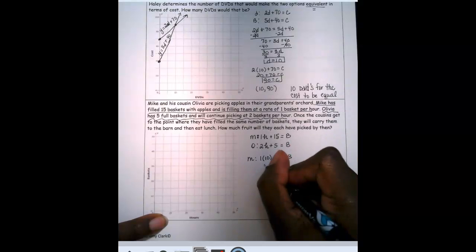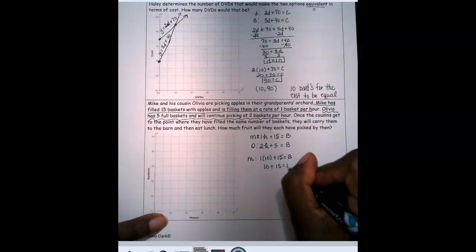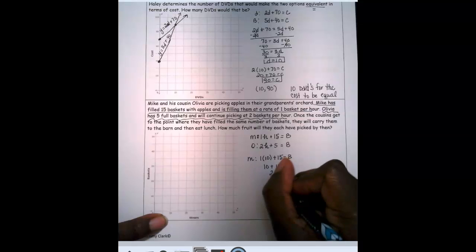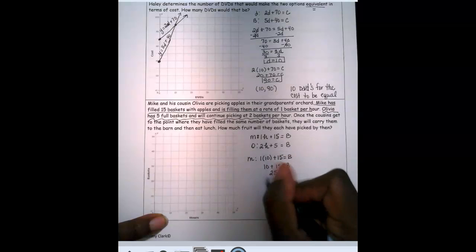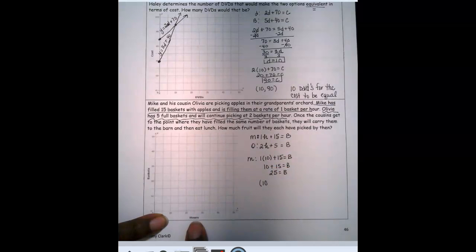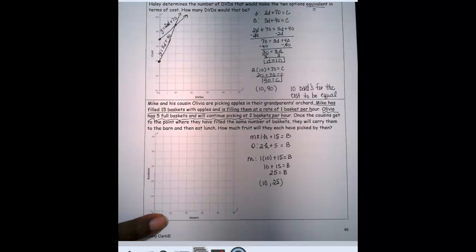Well, 1 times 10 is 10, plus 15 is equal to so many baskets. Well, 25 baskets is what he will pick. Now, the ordered pair here then would be 10 for the hours, because that's what I put in, and 25 baskets. This is what he will have done.